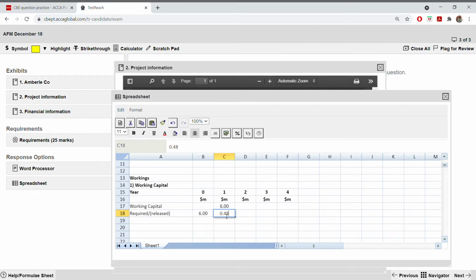If you want to show how you got 0.48, you can do a calculation over here: equal to 0.08 multiplied by 6, which is 0.48. It's better that you show a working rather than just putting 0.48, so that they can see that you have taken the 8%.